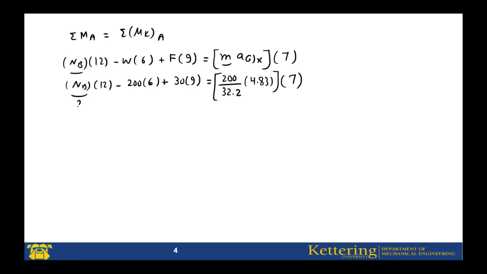As you can see, there is one unknown, the normal force of the B. If you calculate the normal force of the B, it will be, let me cheat from my solution, 95 pounds. One answer.